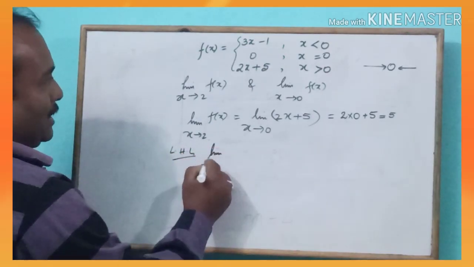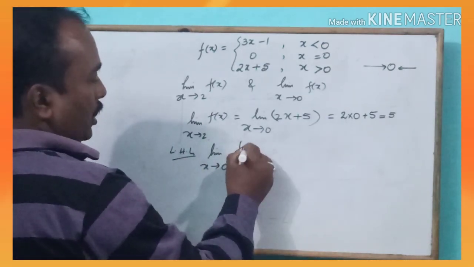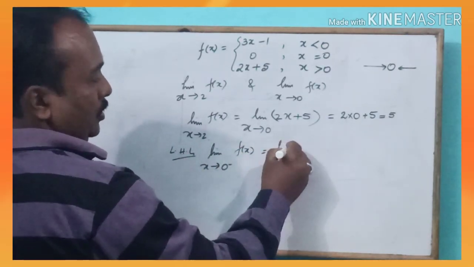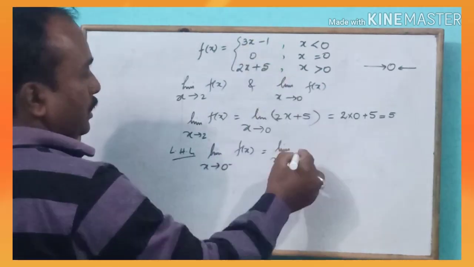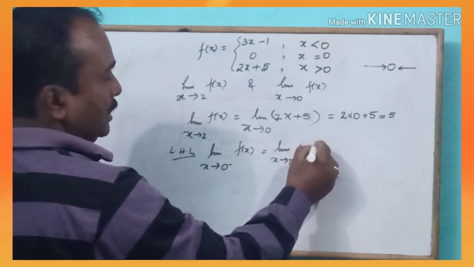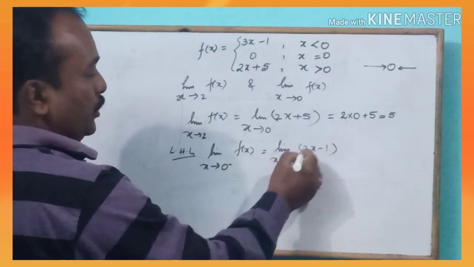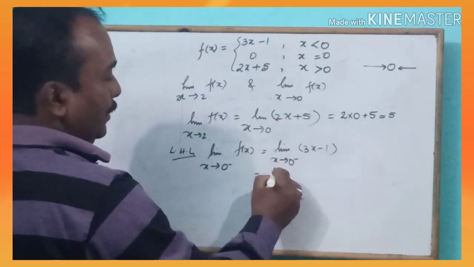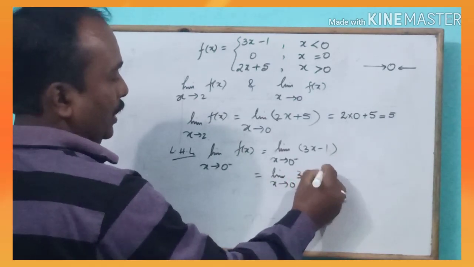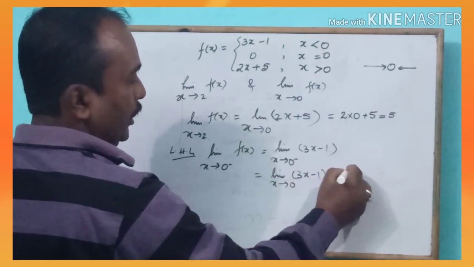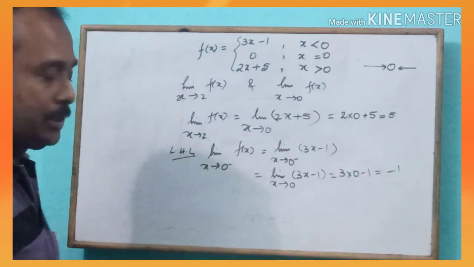Limit x tends to 0 minus f(x) means 3x minus 1. Now we write directly limit x tends to 0, 3x minus 1, that is 3 into 0 minus 1, that is minus 1, is the left hand limit.